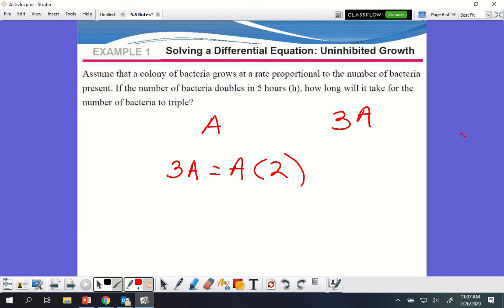If I wanted to double, how many hours have to pass by? 5 hours have to pass by, right? So that has to be 2 to the first power for it to double. So I can actually do it like this. Watch this. Is it hours? Yeah, h over 5. So this one's just straight algebra.